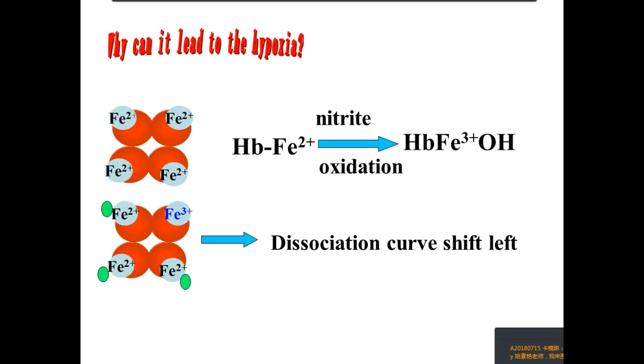If one changes to ferric, the other ferrous states can carry the oxygen, but the affinity for oxygen increases. So in the tissue capillary blood, oxyhemoglobin liberates less oxygen, and oxygen moving into the tissue cells decreases. So hypoxia.